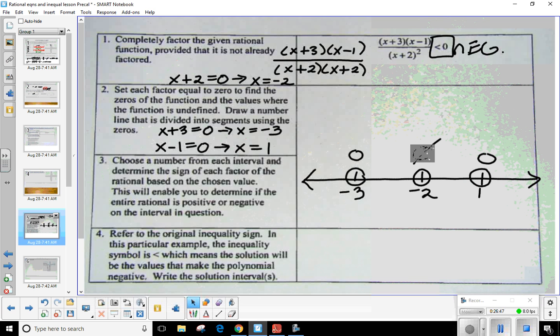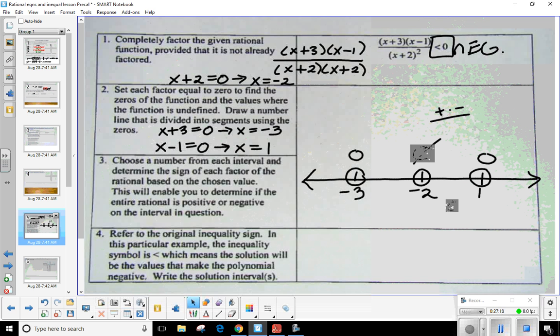Now all we've got to do is figure out my signs. Okay, Ethan, where would you like to start? What interval? What would you choose? He chooses 0, between -2 and 1. The value we choose, I'm going to plug into the factored version. Remember, you can always go back to the original problem if you want to. So let's see. 0 plus 3 is 3, so that's a positive. 0 minus 1, that's a negative.